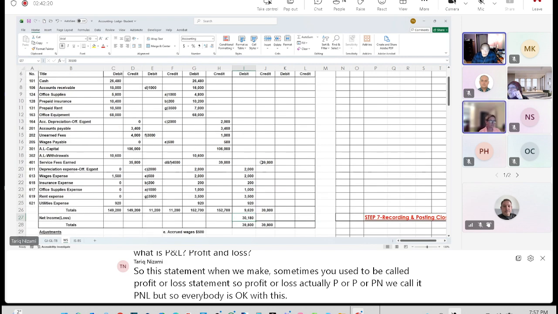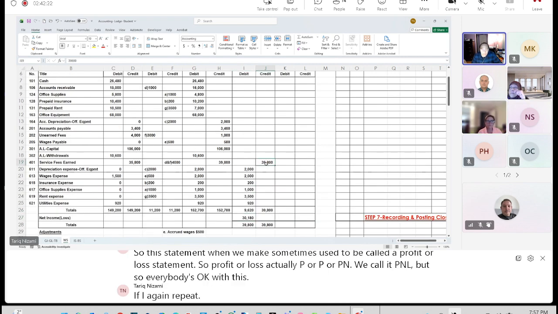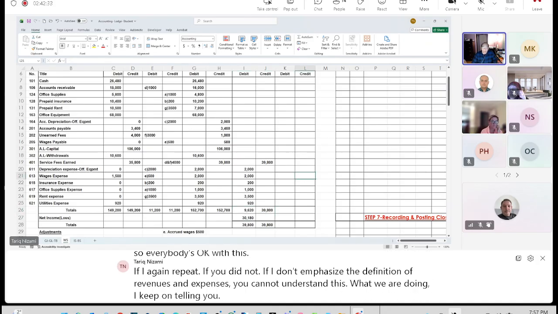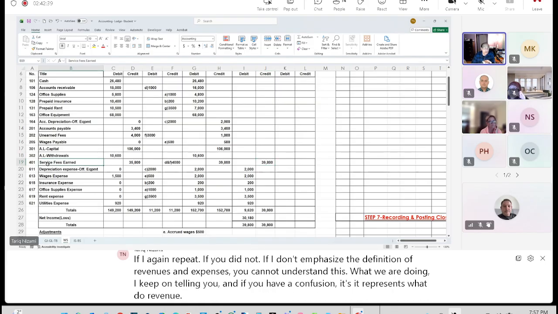Again I repeat, if I don't emphasize the definition of revenues and expenses, you cannot understand what we are doing. I keep on telling you, what does revenue represent?